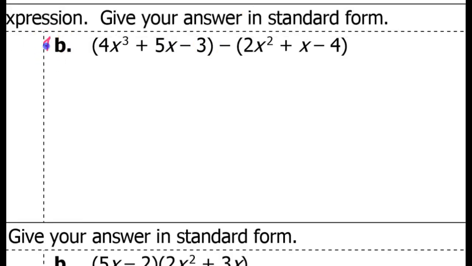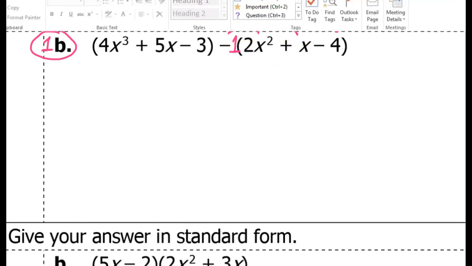Okay, I think I'll just put a little 1 here to show everybody that this is problem number 1, part B. This is a subtraction problem. There's one additional step that we have to do. Put a 1 right here and think of it as a -1. We need to distribute the -1 throughout the second set of parentheses.